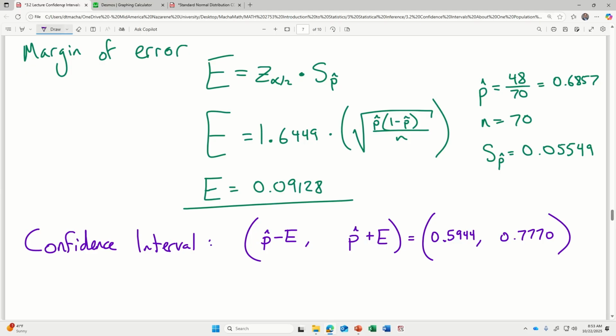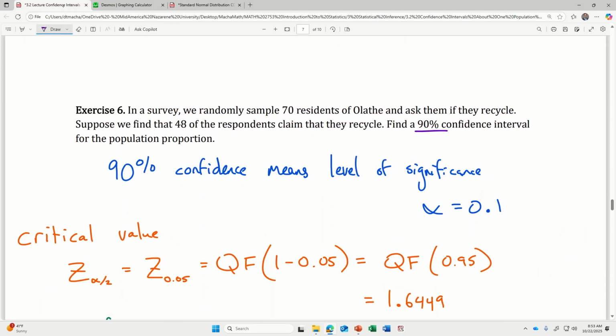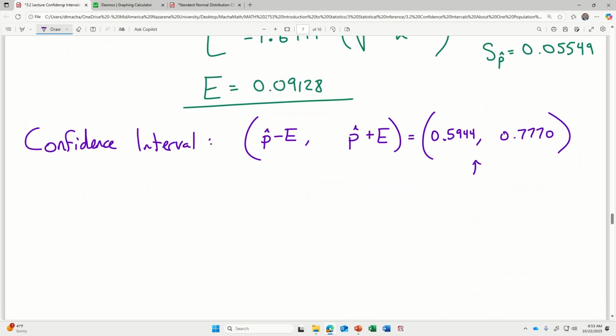So how do we interpret this answer? This is my 95%, no, sorry, not 95%, it was 90%. This is my 90% confidence interval. And the way we interpret confidence intervals is a little bit silly.